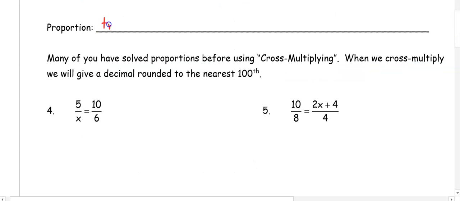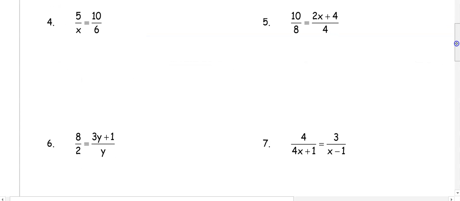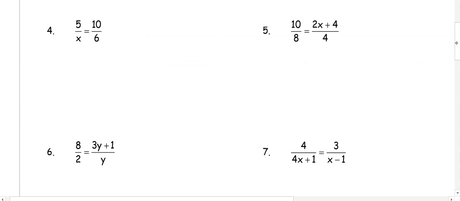So proportions are two equivalent ratios. In order to solve a proportion, we're going to cross multiply. So when we cross multiply, the numerator of one part of our fraction multiplies with the denominator of our other for both of them.